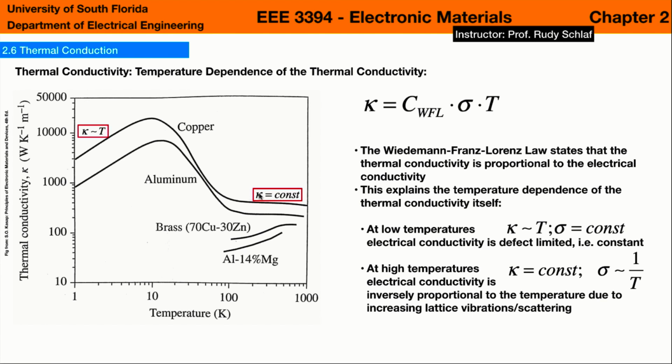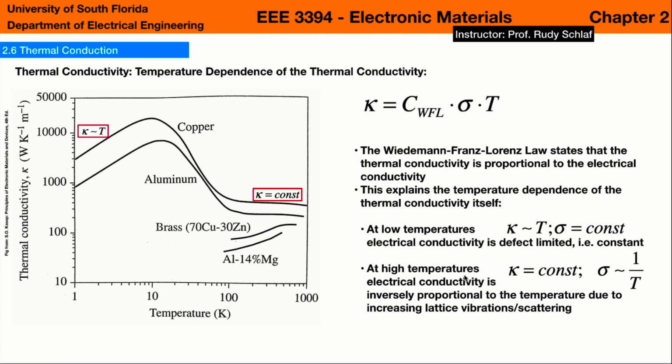Now when we go to high temperatures, then we see from these experimental curves that the thermal conductivity is pretty much constant. And that makes sense again because we also know now that the conductivity is proportional to 1 over the temperature at higher temperatures. Right?